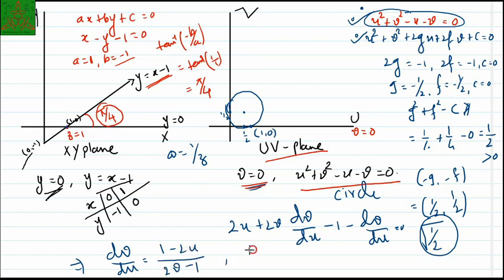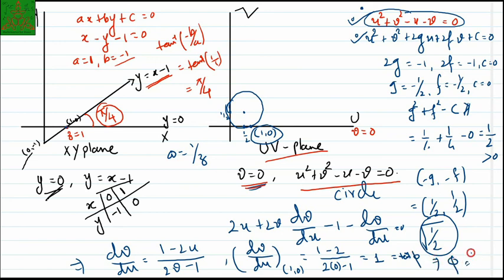but we need to calculate at the point 1 comma 0. So at the point 1 comma 0, that means the value of u is 1, v is 0, which will be 1 minus 2 into 1 upon 2 into 0 minus 1, so that will give me 1, and the tan inverse of this is pi by 4.